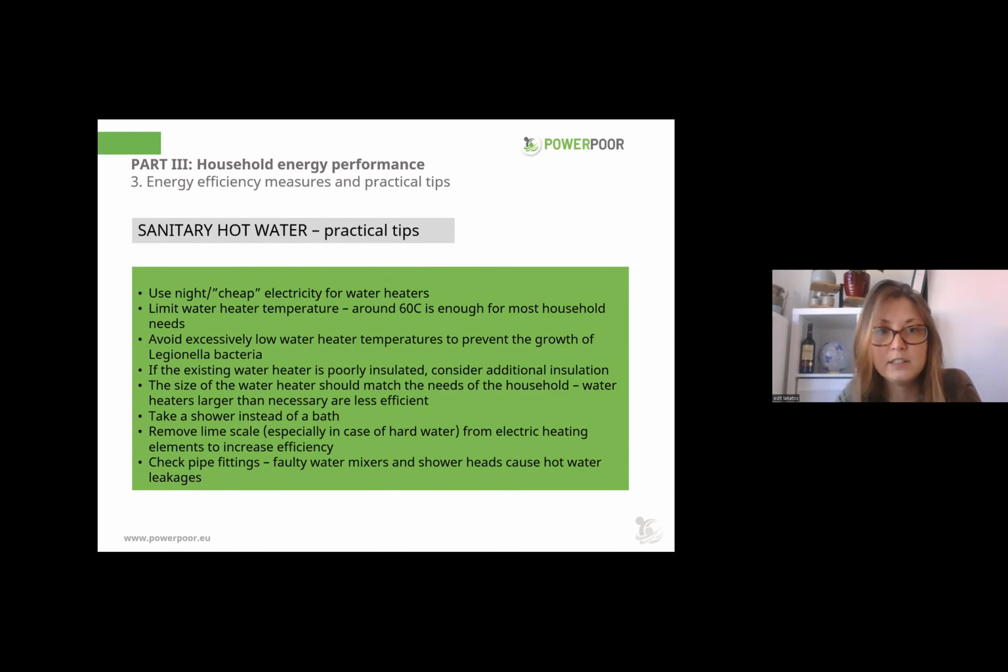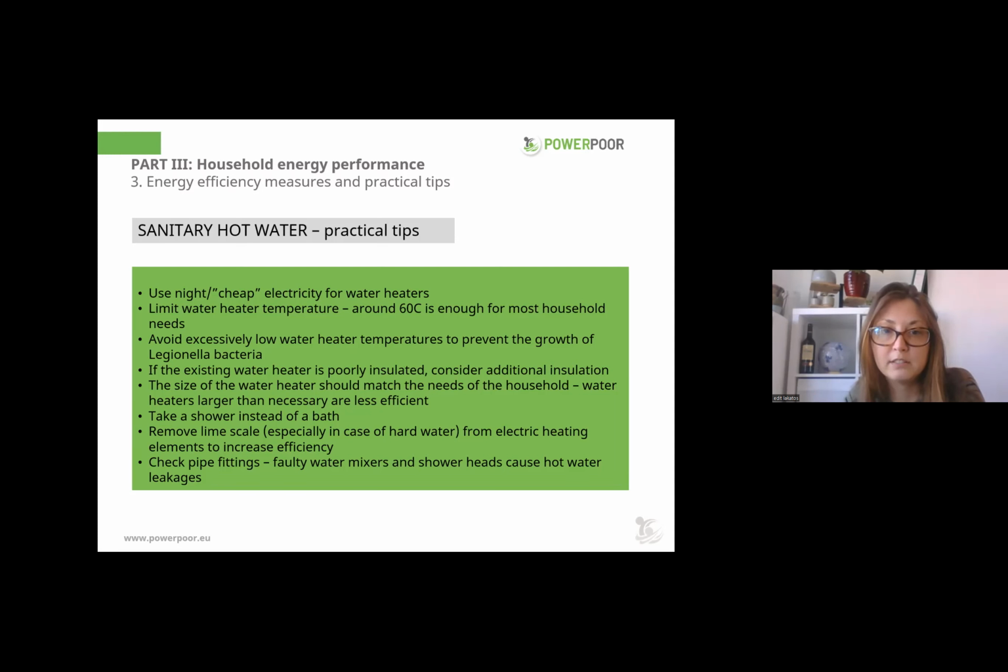In terms of sanitary hot water, the same tip goes here: use night electricity and limit the water heat temperature. It should be around 60 degrees and not above that. But you should also pay attention that it's not too low, because it should prevent the growth of special bacteria that would be dangerous for humans.